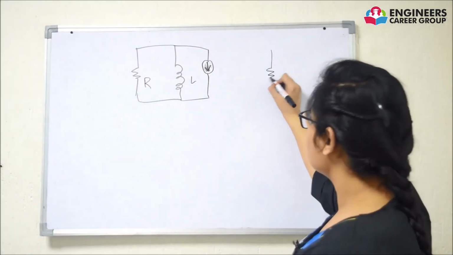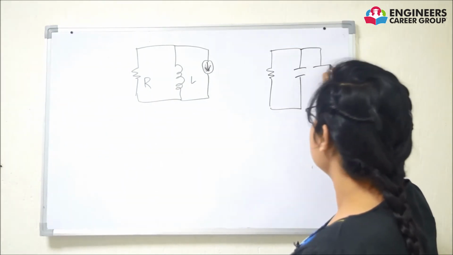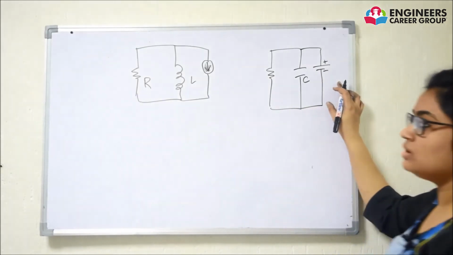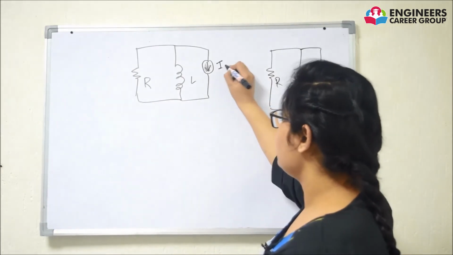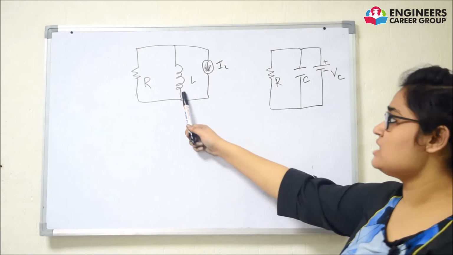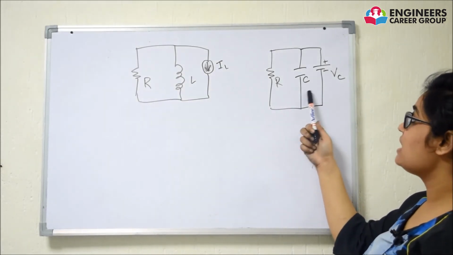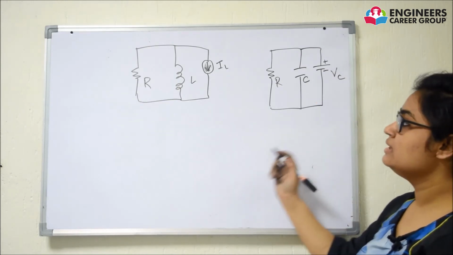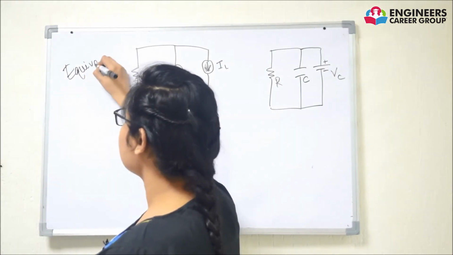And for my capacitor, the equivalent circuit is a capacitor in parallel to a voltage source of amount V. This is my IL, this is my VC. Initially, inductor has to be charged with the quantity IL, and initially my capacitor has to be charged with the quantity VC. These are my equivalent circuits for my capacitor and inductor.